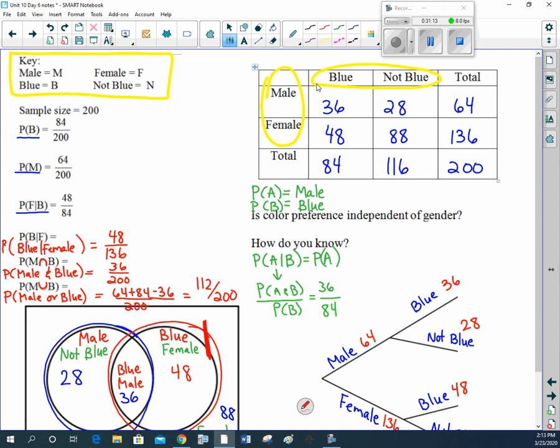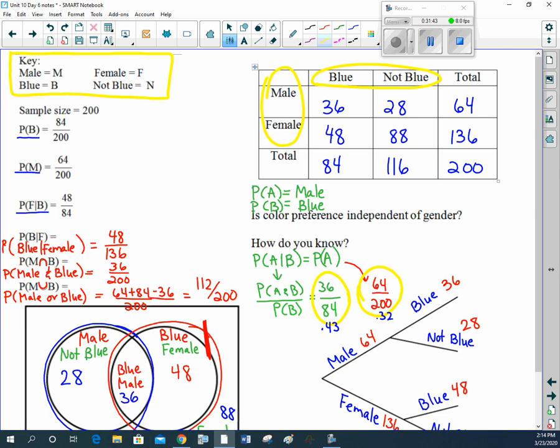And now we're just going to do this one over here, probability of A. Well, probability of A is being male. Male is 64 out of 200. So the question is, are these two fractions equal? Or are the decimals pretty close? If you divide them out, not so close. This one is like 0.43 on the left, and this one is 0.32.